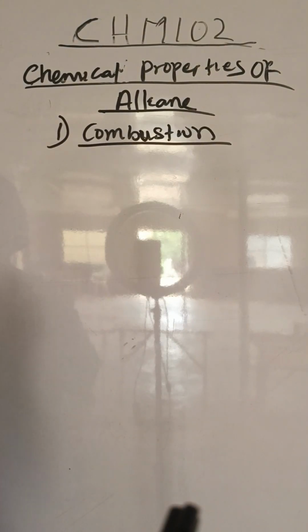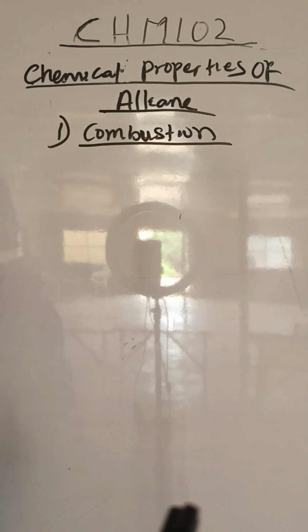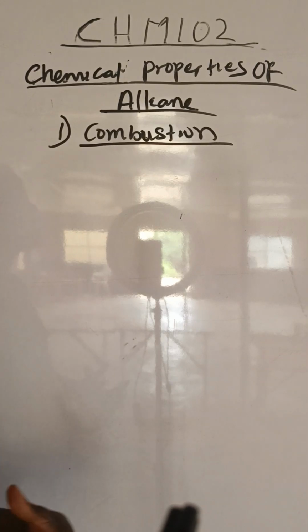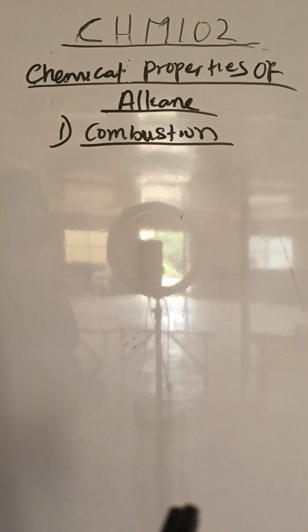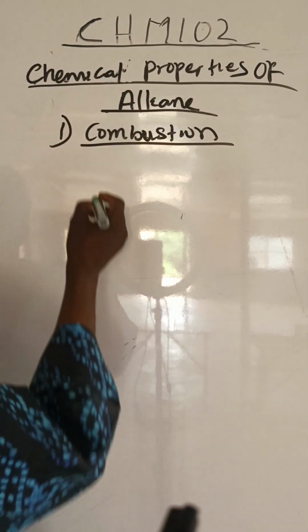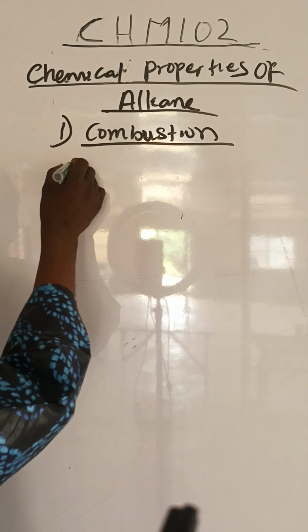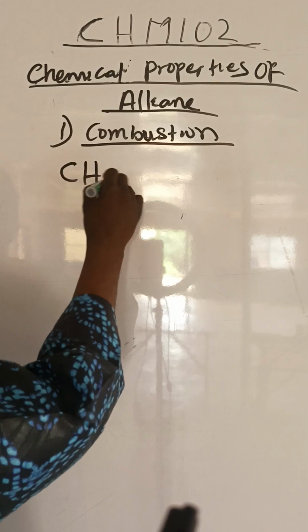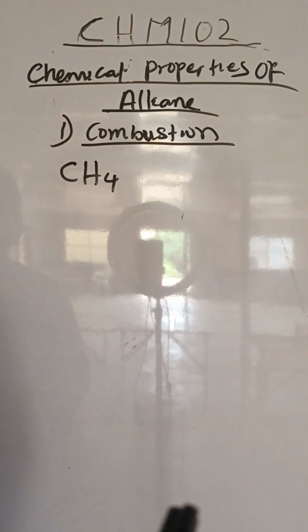What is the meaning of combustion? Whenever you are dealing with combustion, that means you must require excess of oxygen. It depends on the amount of oxygen present at that particular moment. Let's consider methane. If this methane undergoes combustion, don't forget, alkane is a saturated compound.